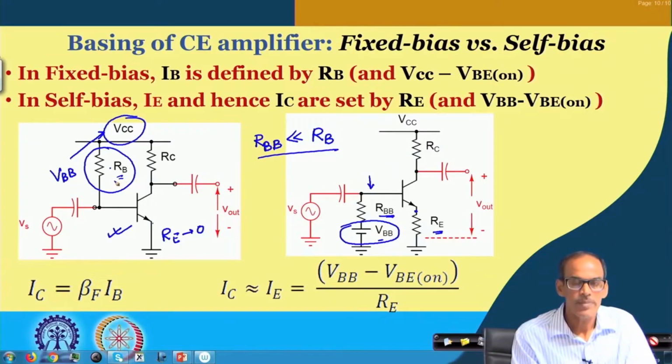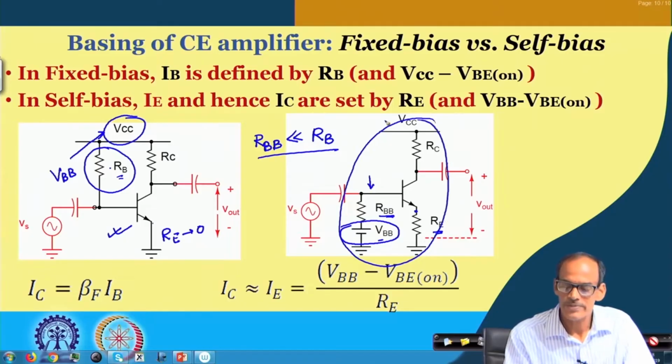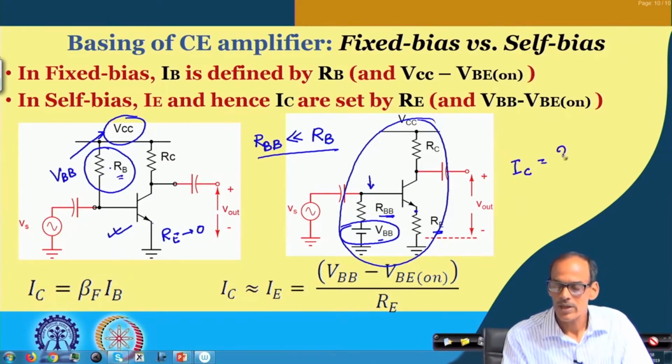So, to compare the expression of the collector current in the two circuits, we can analyze this circuit and find the expression of IC, and through the equation we can compare the collector current expression in the two circuits.